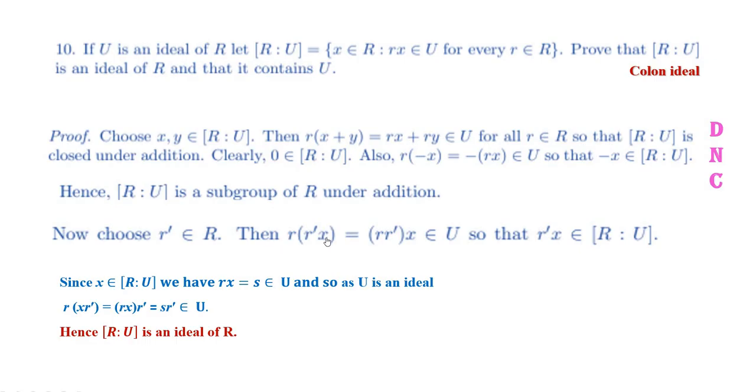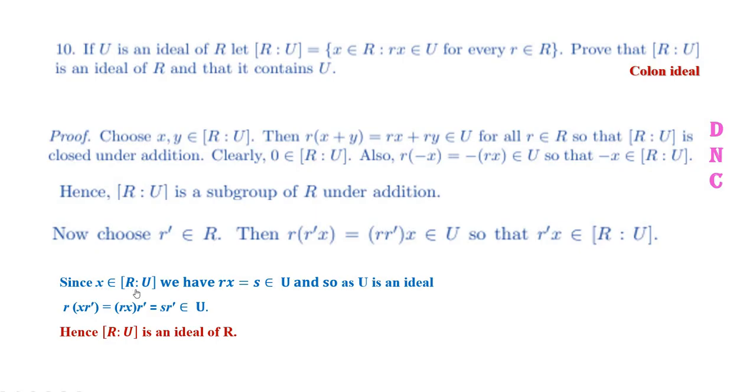Only if r into that element is a member of capital U. By associativity, r is a member of capital R, r prime is also a member of capital R, the whole lot is a member of capital R. So by the description of R colon U, the whole lot is in U. So r prime x is in R colon U.